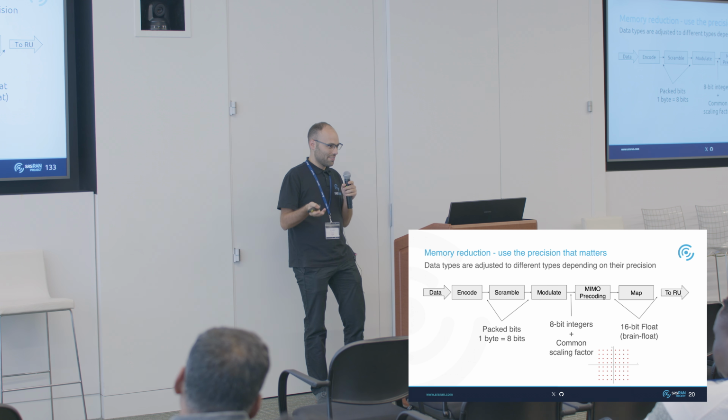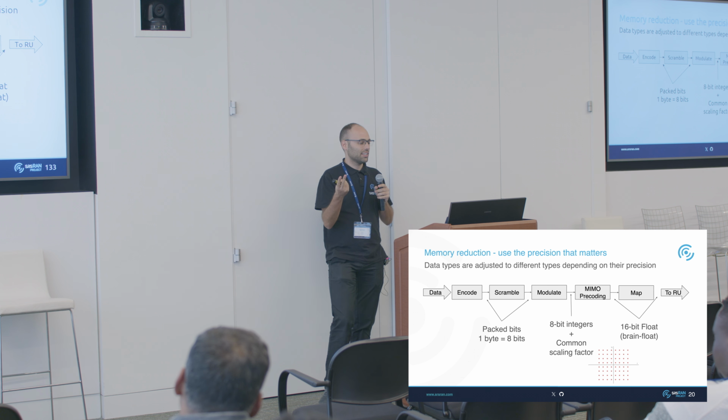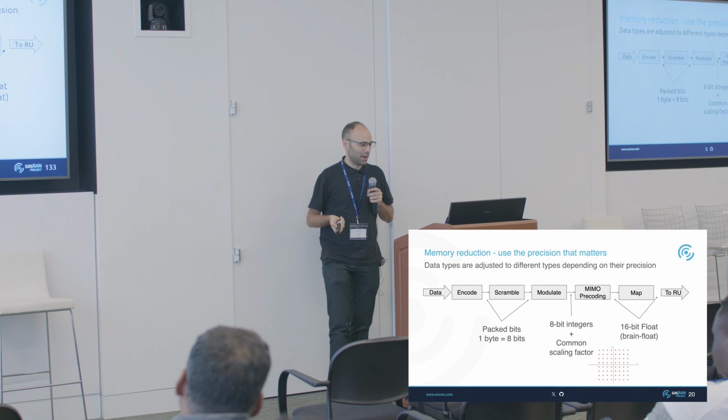So that's what we did. We went from 8 bytes to 2 bytes between the modulator and the MIMO precoder. So we save 4 times the memory at this point. And that's a lot of memory to save as well.